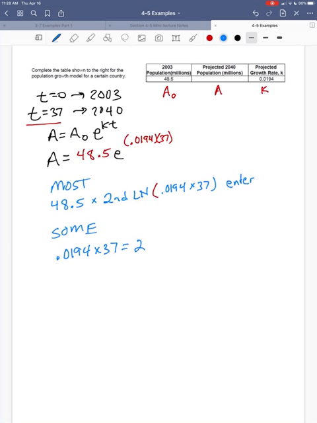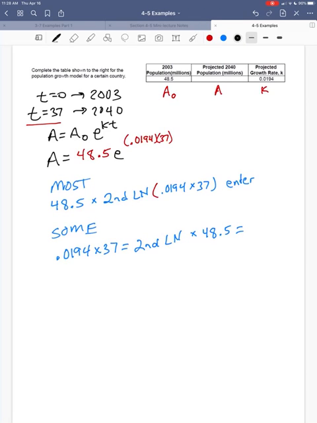Then I'll take e to that power by hitting the second ln button. Notice that immediately does e to the x. That's now what's in my display. So what's in your display on the calculator at this point is this stuff. You still don't have the 48.5, so I can multiply it by that at the end, times 48.5 equals. So you'll do one of those calculations depending on your calculator.